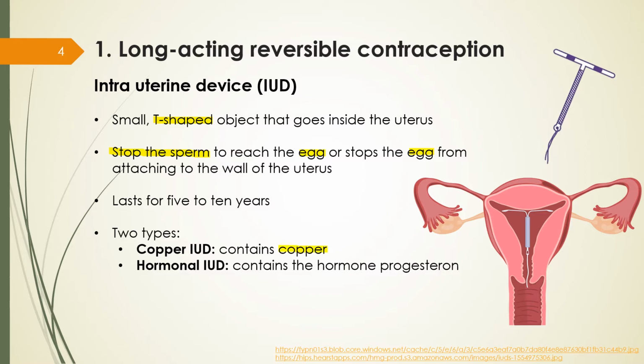It's not a hormone. But even more effective is the hormone progesterone that prevents the egg from completing the cycles of division, so it avoids the egg being fertilized. So two types of IUD: copper IUD and hormonal IUD.